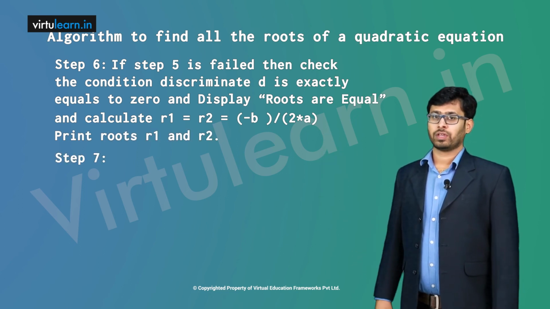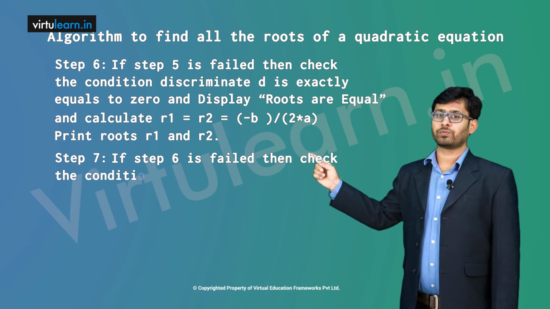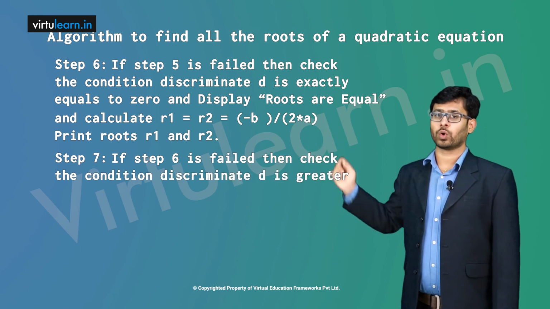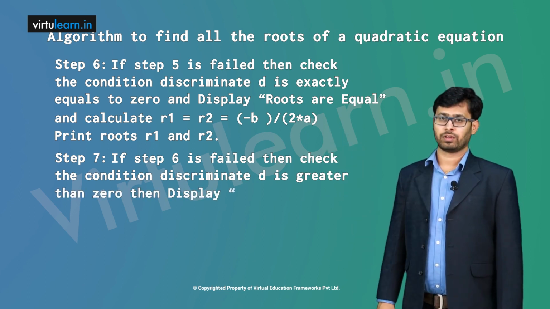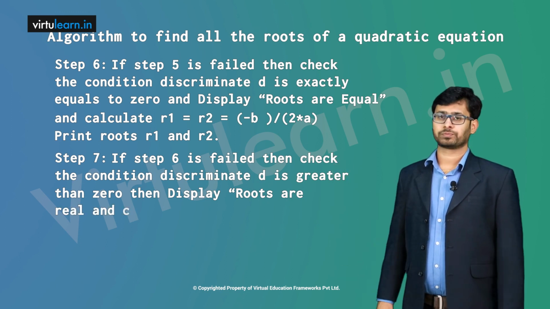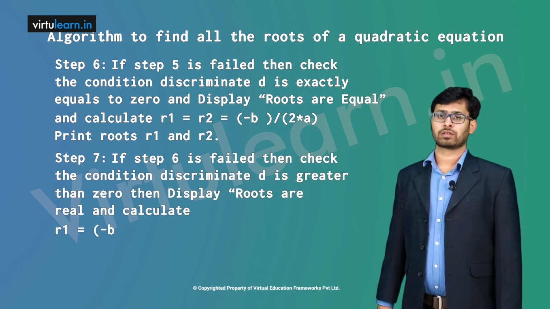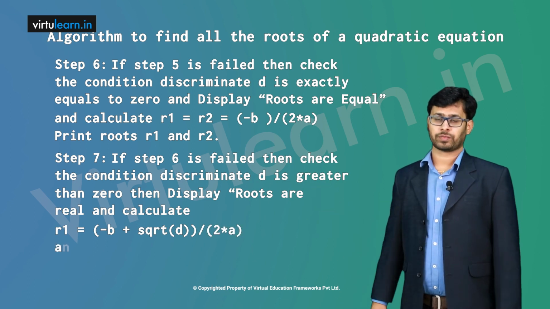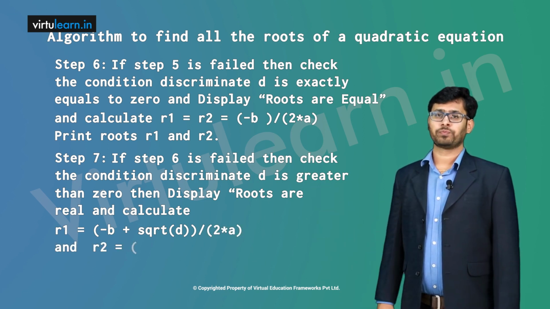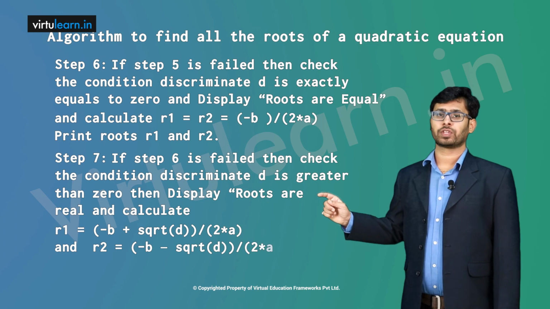Step 7. If step 6 is failed, then check the condition for discriminant d is greater than 0. Then display the roots are real, and calculate r1 is equal to minus b plus under root of discriminant by 2a, and r2 is equal to minus b minus square root of d, that is the discriminant, by 2a.